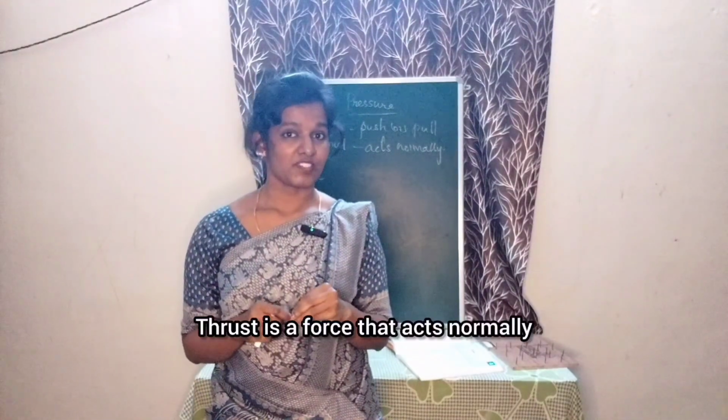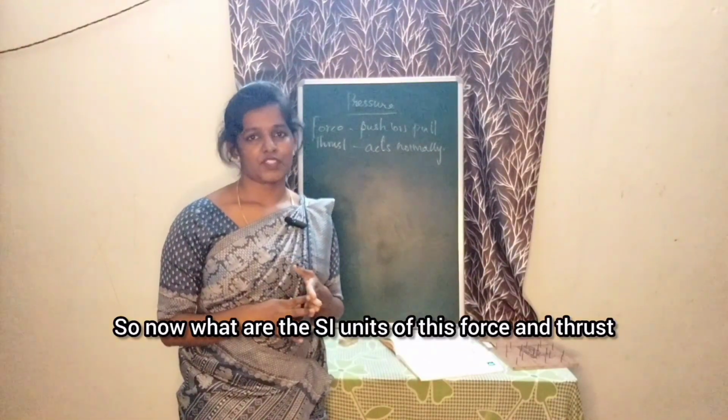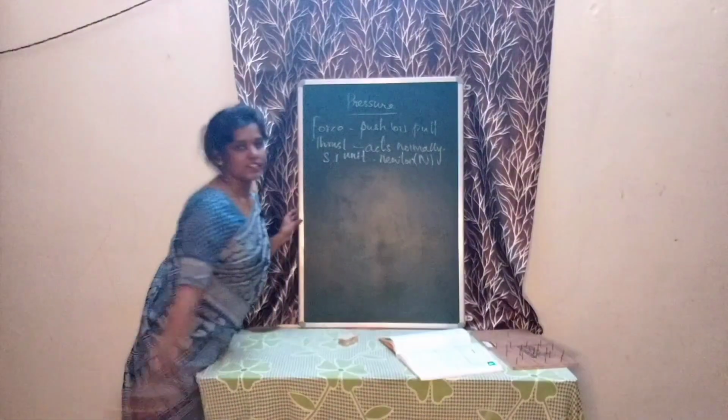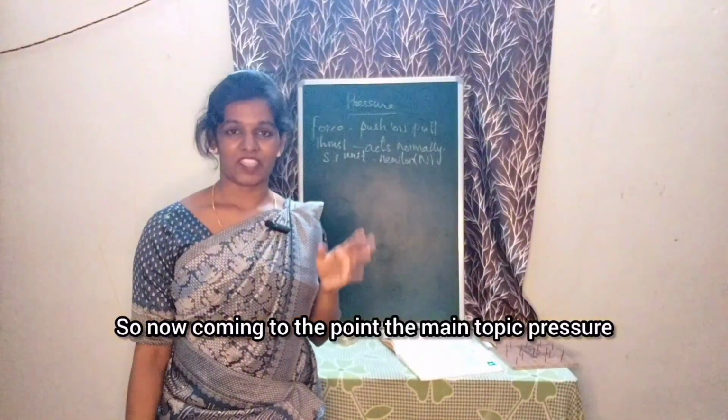Thrust is a force that acts normally. So now, what are the SI units of force and thrust? They both are the same. It is Newton. The symbol is N.